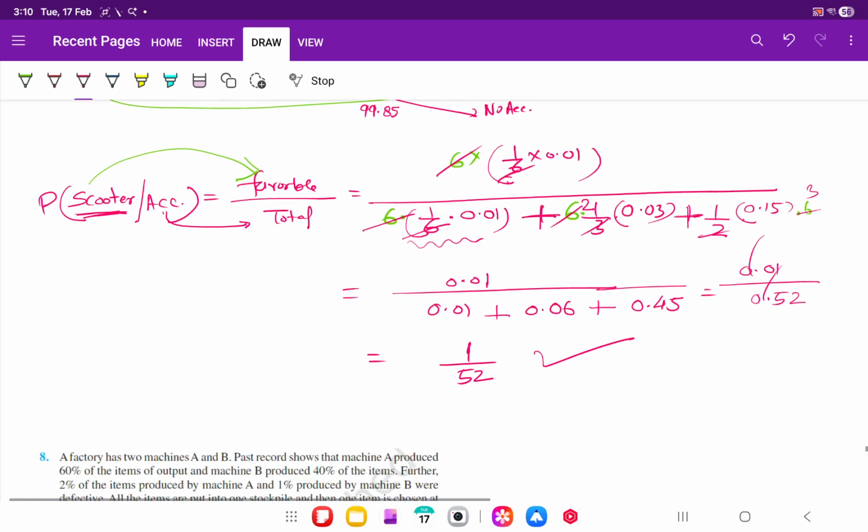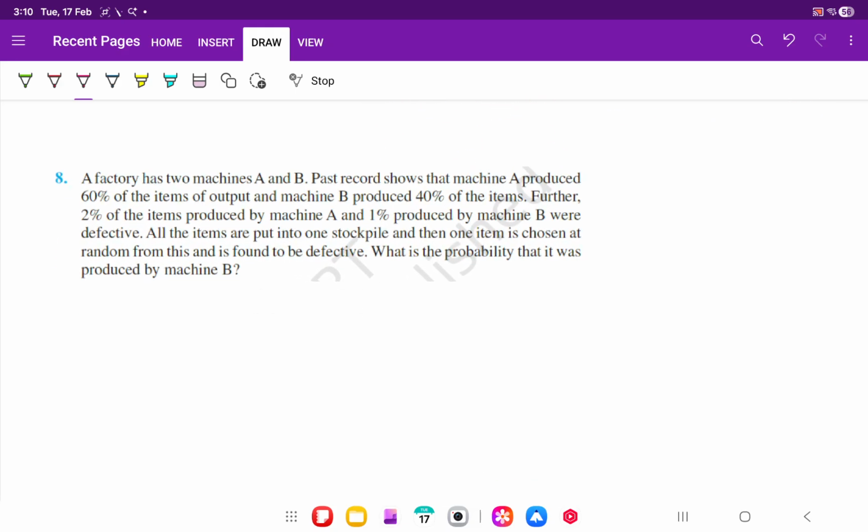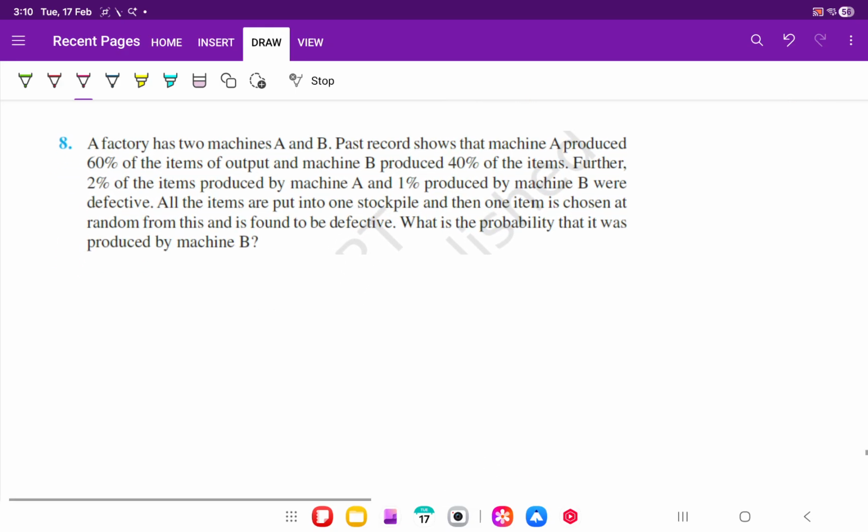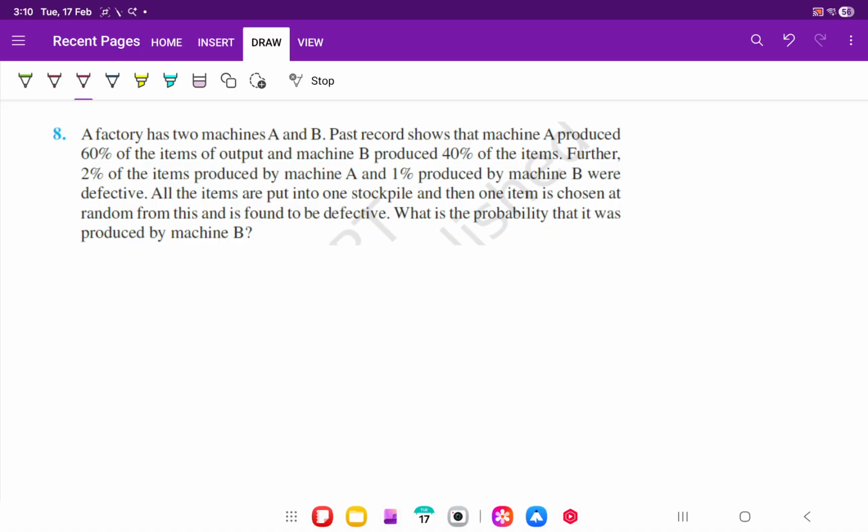Next question we will see. You can pause it and try it first. The 8th question from Bayes theorem. This is similar to one of the example questions. Factory has 2 machines, and machine A produces 60% of product and B 40%.